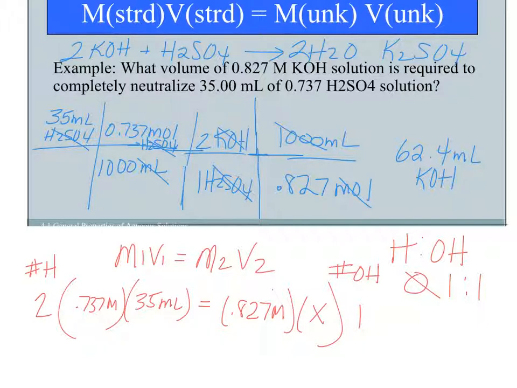We have 0.737 times 35 times 2 divided by 0.827, and I get 62.38, which is the same as 62.4 milliliters of KOH.